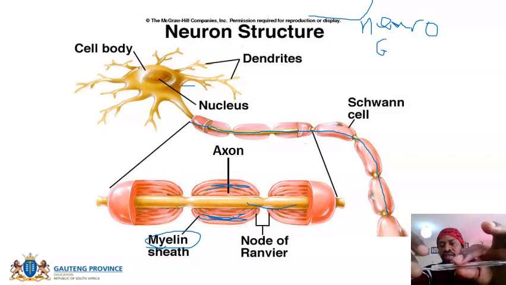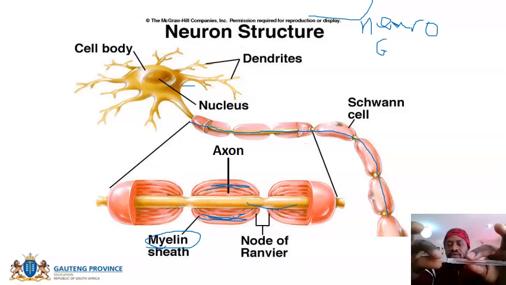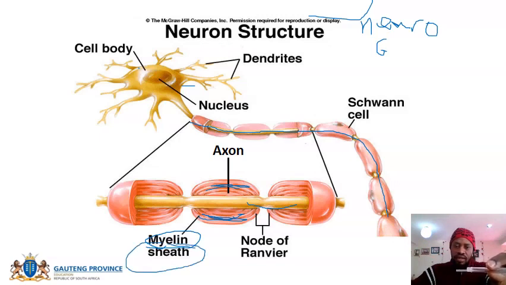So I'm sheathing the sword. That's why we call this layer a myelin sheath, a layer of fat that forms a sheath around the axon.